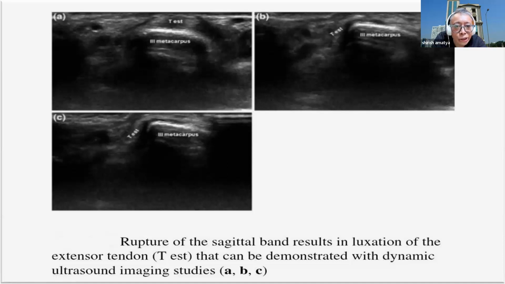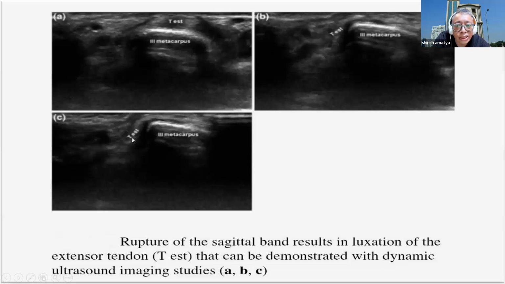It has dislocated to the lateral side, and this dislocation usually occurs on the opposite side of the rupture of the sagittal band. So in picture B, since the tendon is on the left side, the right side of the sagittal band is ruptured.